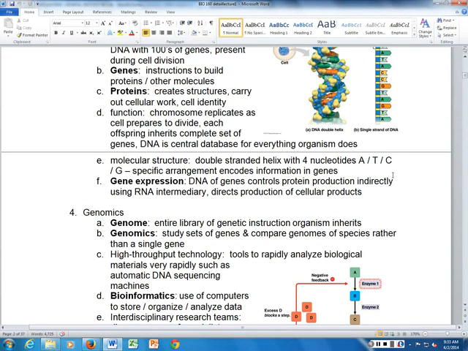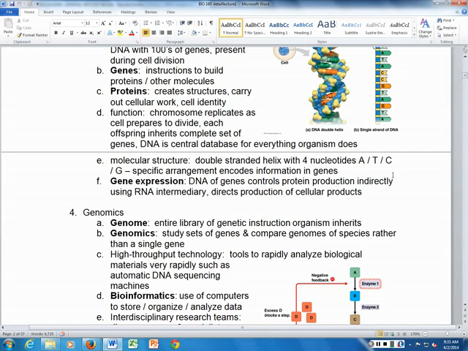So if it's twisted, it's just twisting it around. And so you're going to have A, T, G, and C nucleotides that are going to make up half of the rung of the ladder. And then the other half will be made up with complementary nucleotides in there. And we'll go more into that later on.